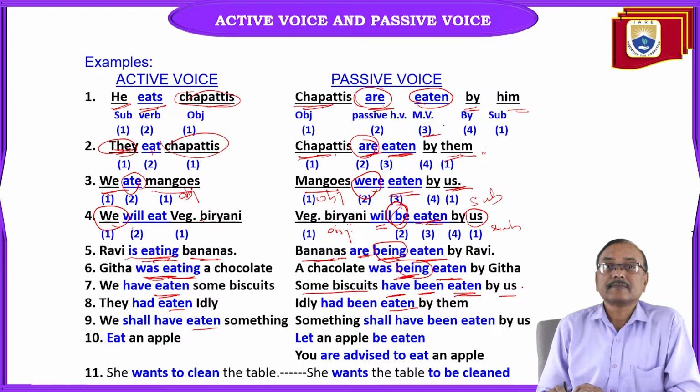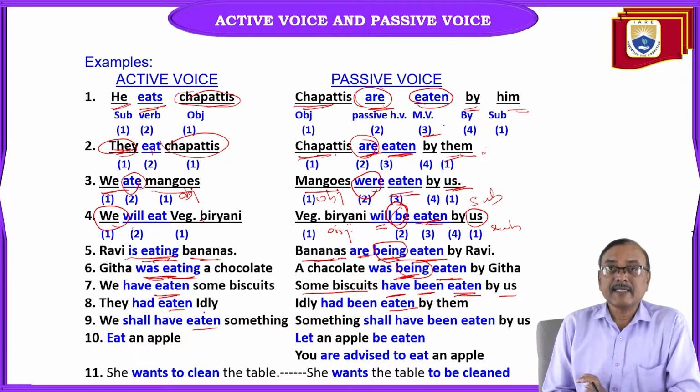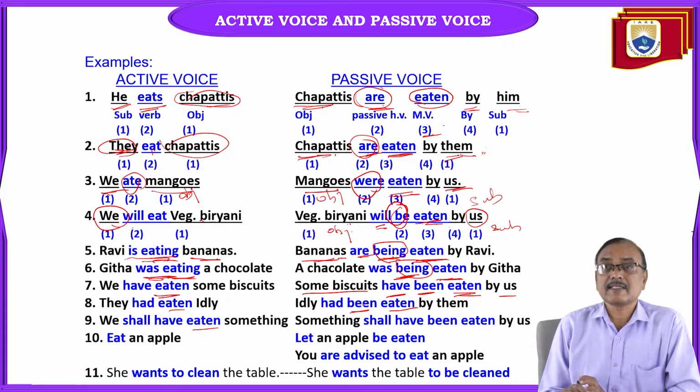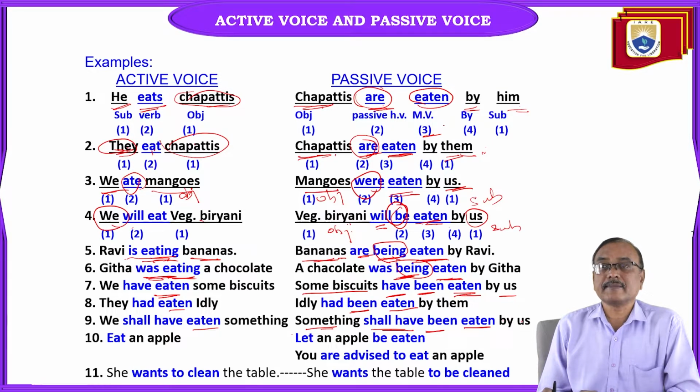They had eaten idli. Idli had been eaten by them. So extra here, been is coming. And we shall have eaten something. Something is coming in the beginning. Something shall have, same. Before eaten, been is coming. Something shall have been eaten by us.